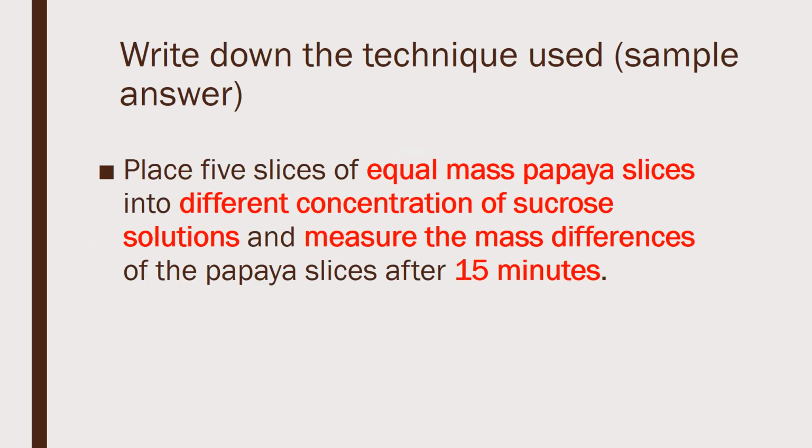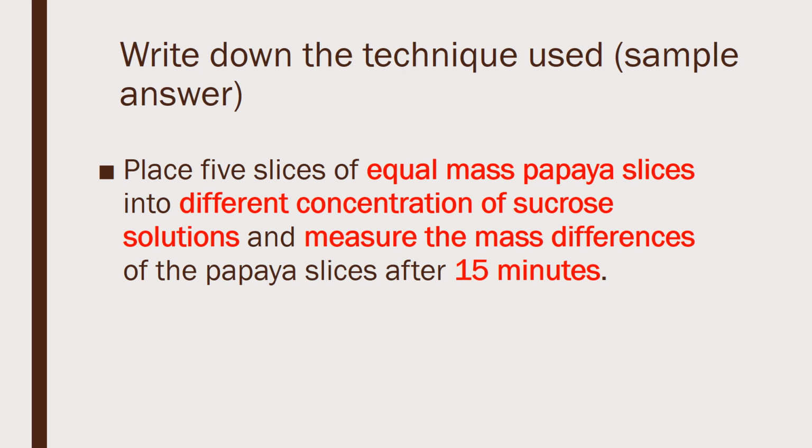Next aspect will be the technique used. When identifying the variables, we already know what technique we're going to use. So when writing the technique used, we just need to summarize it into one sentence. So this is the sample answer. Place 5 slices of equal mass papaya slices into different concentrations of sucrose solutions and measure the mass difference of the papaya slice after 15 minutes.